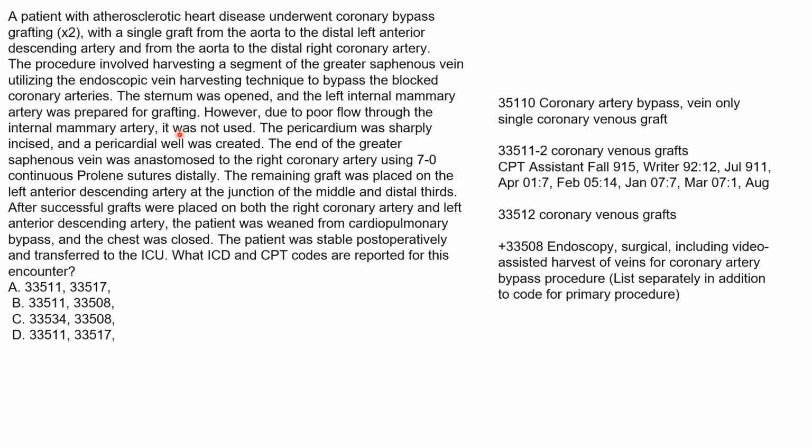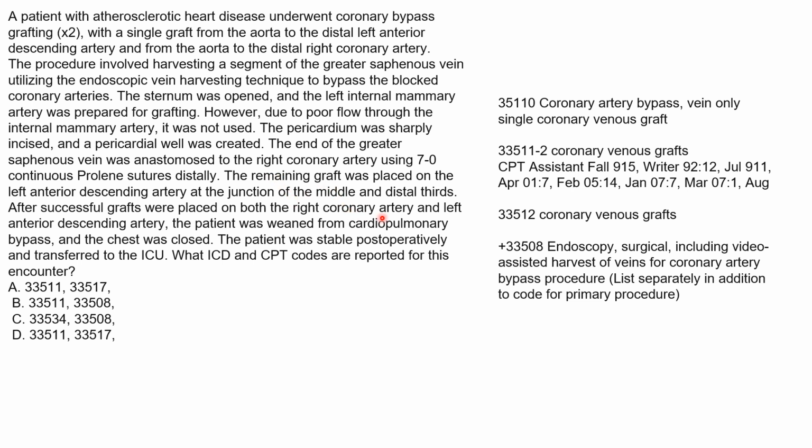The sternum was opened and the left internal mammary artery was prepped for grafting. However, due to poor flow through the internal mammary artery, it was not used. The pericardium was sharply incised and a pericardial well was created. The end of the greater saphenous vein was anastomosed to the right coronary artery using 7-0 continuous Prolene suture distally.